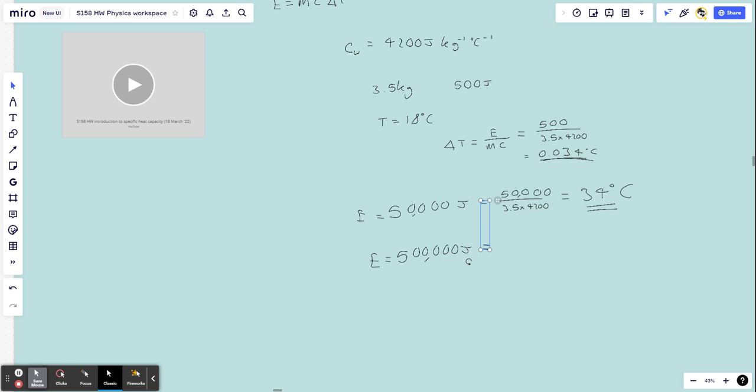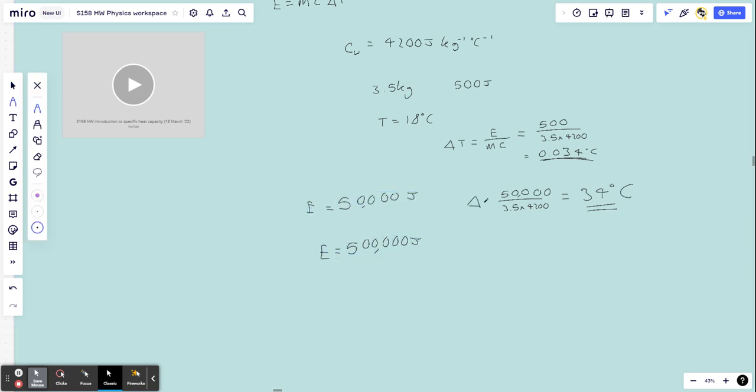We basically shouldn't have an equal sign there. That's what I'm doing wrong. So with the change in temperature, the new temperature would be 34 plus 18, so that'd be 52 degrees C.